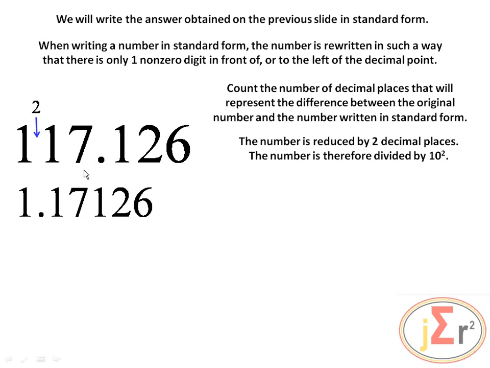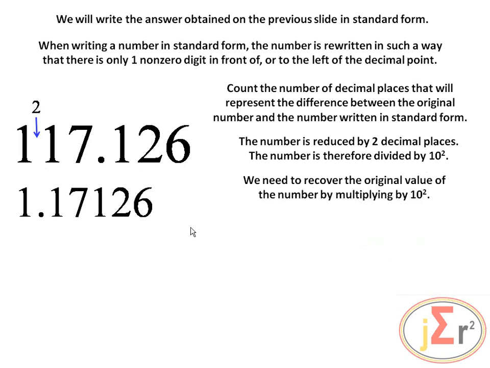Therefore we have adjusted this by 2 places of decimal, 100 or 10 to the power of 2. And this one is definitely the smaller number, therefore we would have divided by 10 to the power of 2. What do we do if we divide by 10 to the power of 2? We need to recover the original value of the number by multiplying by 10 to the power of 2.